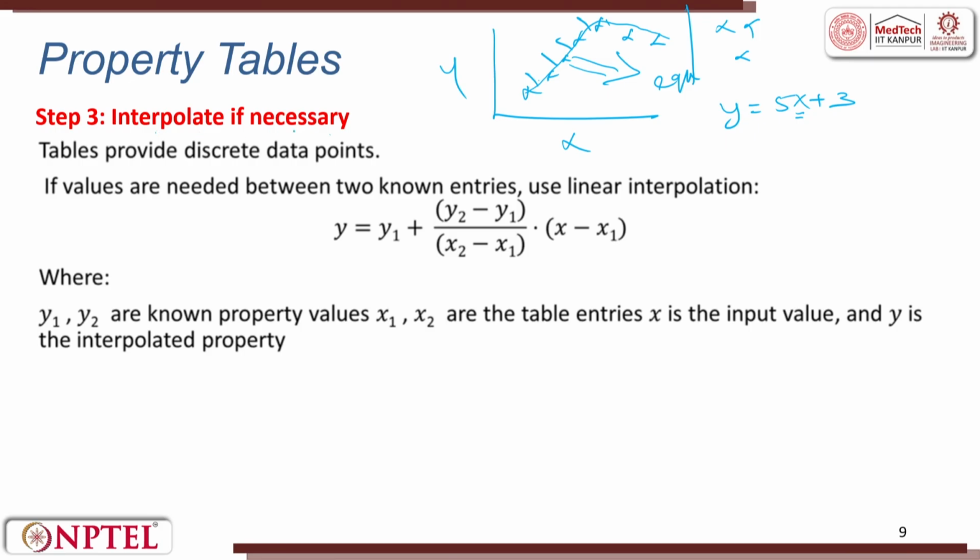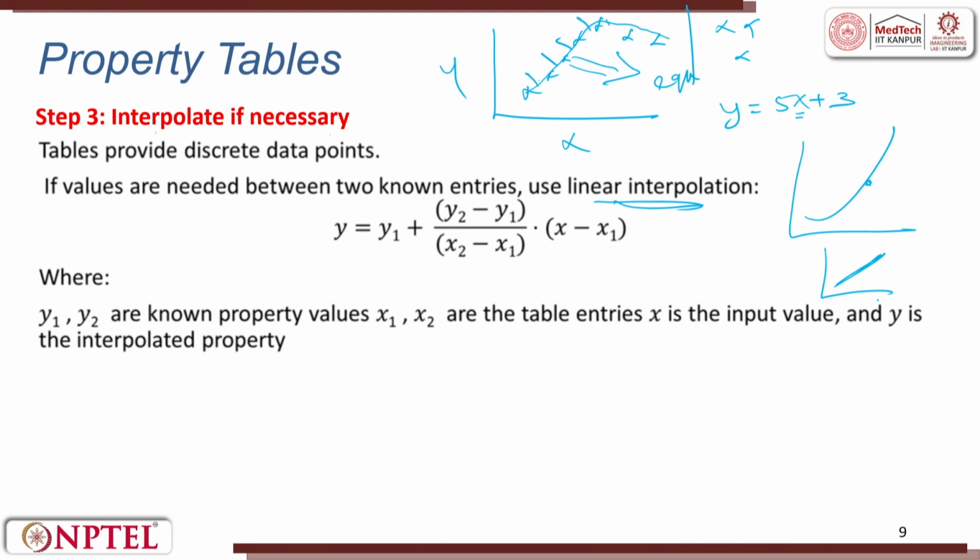Interpolate if necessary. Tables provide discrete data points. If I want to make it continuous, then I do linear interpolation. Friends, you might have exponential data points or equation. What we do is convert this exponential into a linear form, so that we can do the interpolation easily.